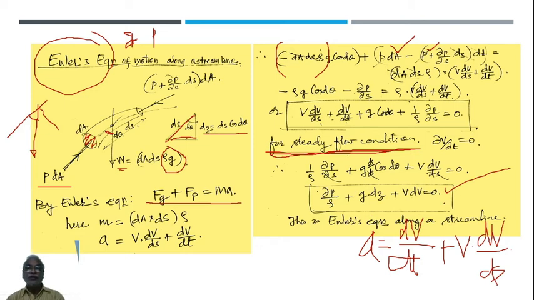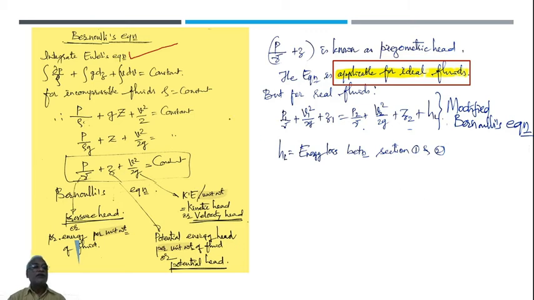So starting point is Euler's equation. I should have written once Euler's equation first and then integrate it. After integrating, what you get is ∫dP/ρ plus g∫dz plus ∫V dV equal to a constant, not equal to 0. Find it. In Euler's equation, it is equal to 0.